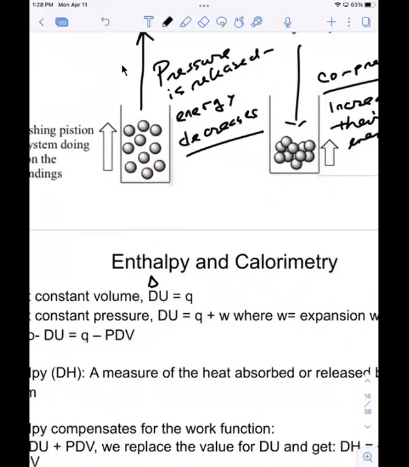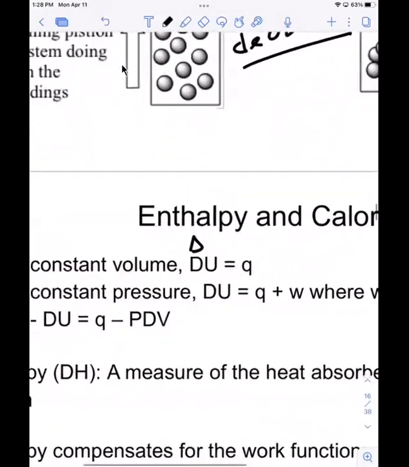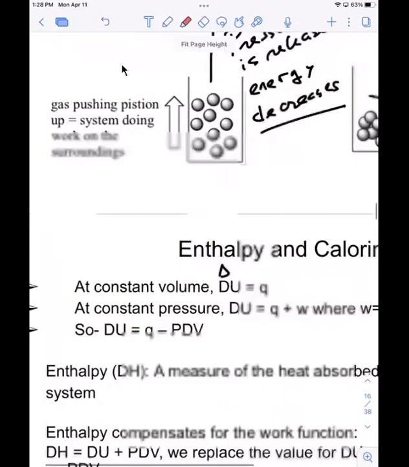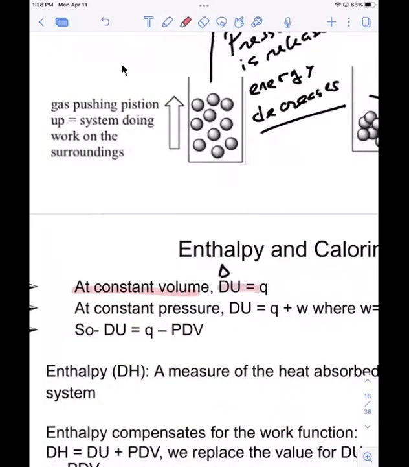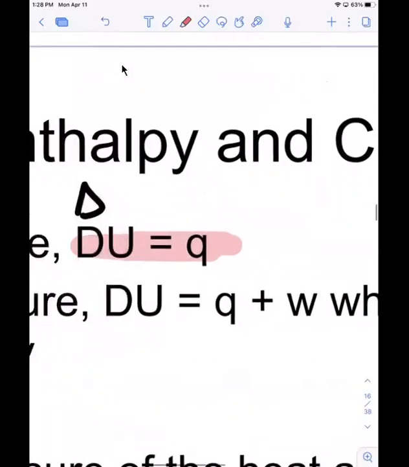All right. So the one assumption we make is that at constant volume, delta U, which is the change in internal energy of a system, is equal to Q, which is the heat, right? We talked about Q on Friday when we were doing heat capacity and specific heat capacity.